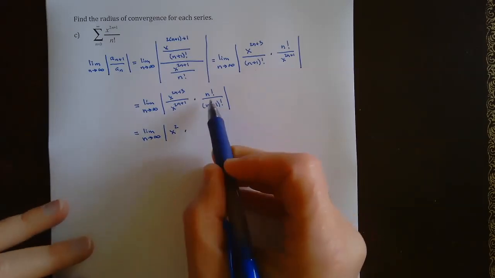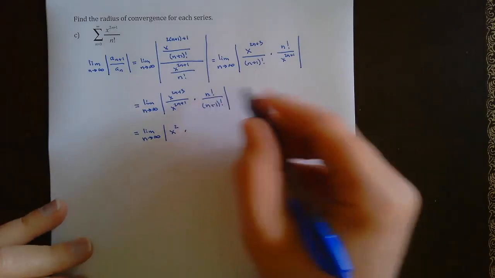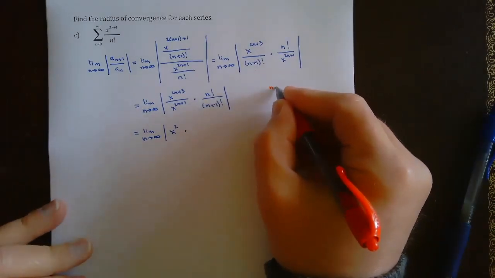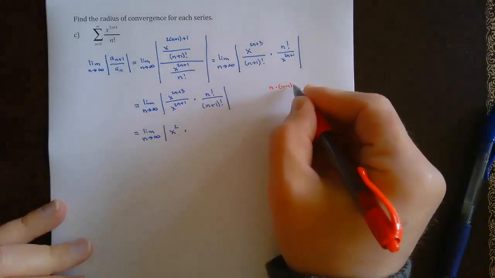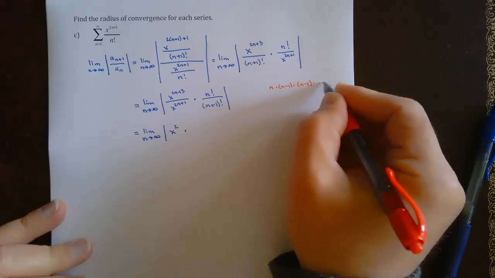times, okay, now this is n factorial over n plus 1 factorial, right? So this one, remember, I'm going to do this in red. This one is n times n minus 1 times n minus 2 times dot, dot, dot, right?